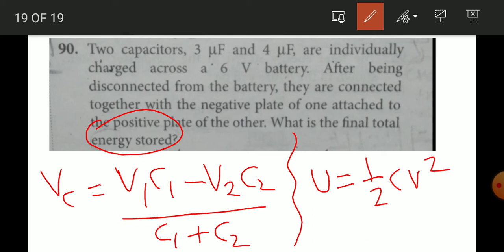When we connect two capacitors in parallel, our formula will get modified. V will be replaced by VC, okay? So there is not much difference. First we have to find VC, put the values in the formula, and C will be replaced by CP, C parallel, because you are connecting two capacitors in parallel combination. So basically here we have to utilize the formula of common potential.